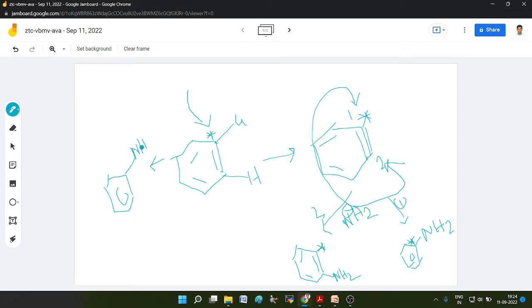This is the situation, but this is not experimentally observed. Rather, what we see is a mixture of these two, around 50-50. I am not saying exactly 50; let's say 47 and 100 minus 47 is the other part. So this isotopic substitution shows that the intermediate is formed. Some intermediate is formed which is indistinguishable in terms of chemistry.